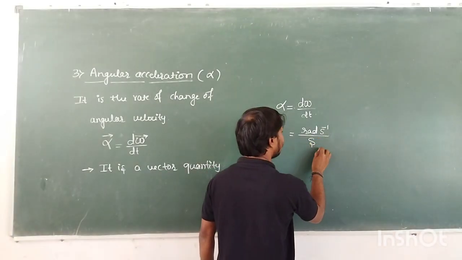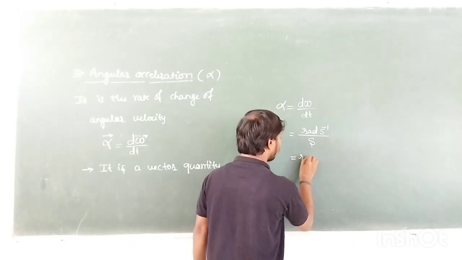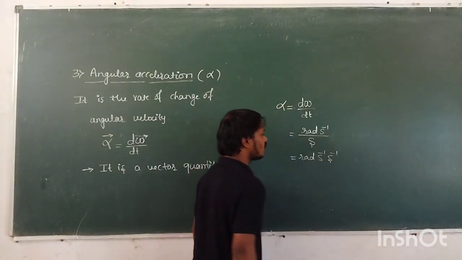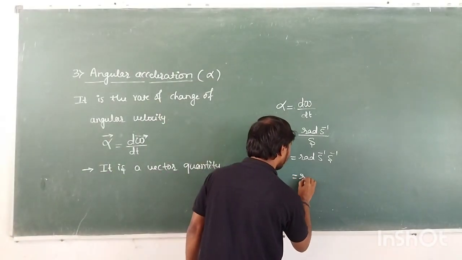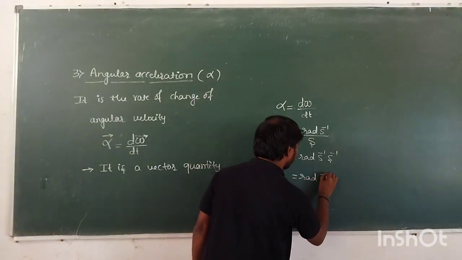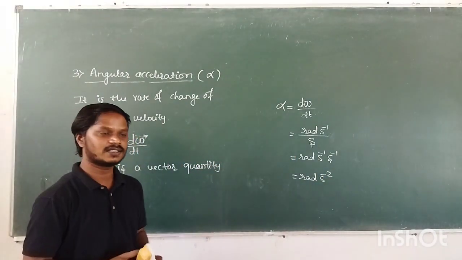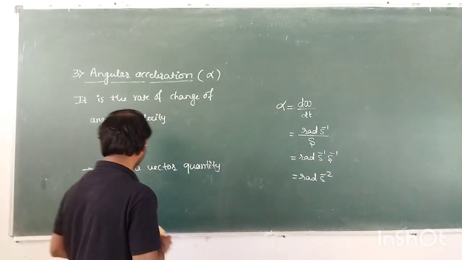Second goes to the denominator, so radian per second per second, that is radian per second square. So the SI unit of angular acceleration is radian per second square.